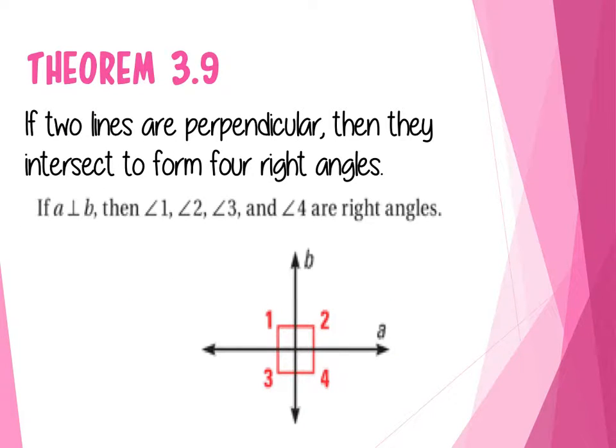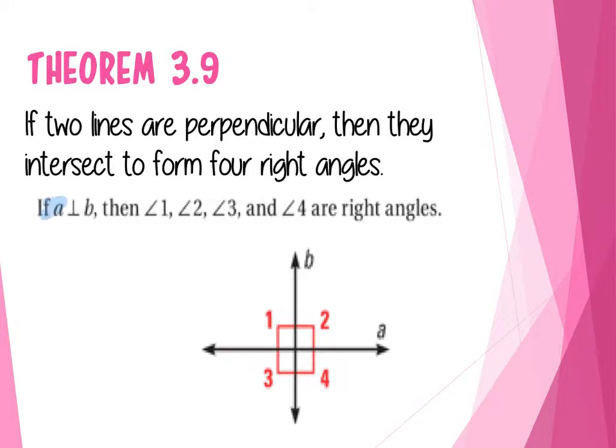Okay, theorem 3.9. Again, same thing. Don't pay attention to the number as much as what it says. If two lines are perpendicular, then they intersect to form 4 right angles. So this would be almost your given part.